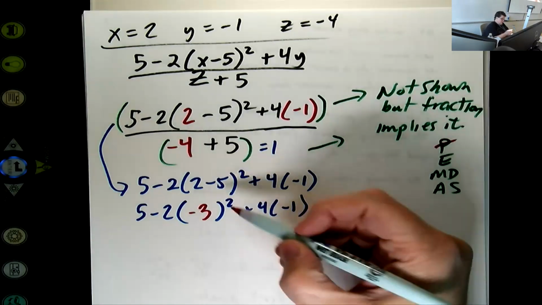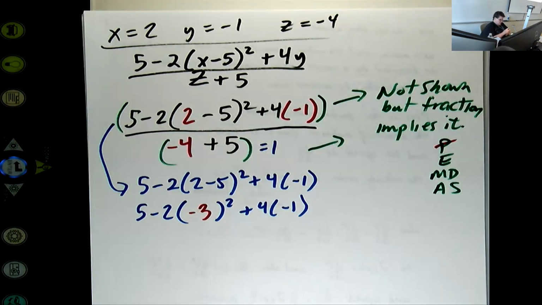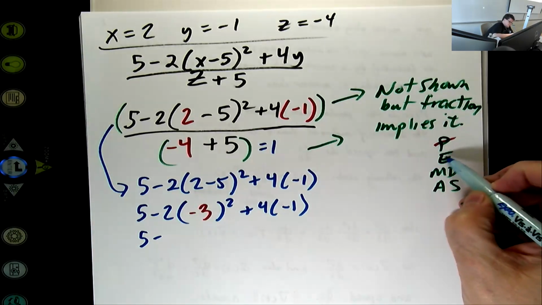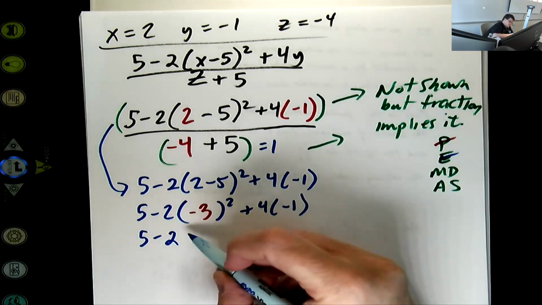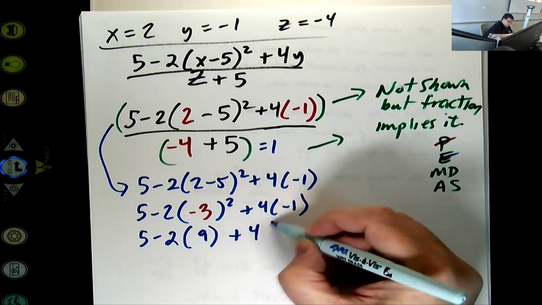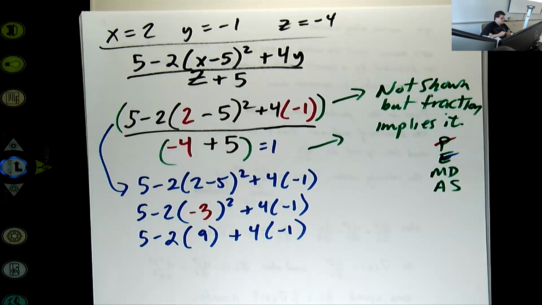I did what's inside the parentheses. Now I have to address the exponent. I crossed off the parentheses earlier. -3 squared is 9.